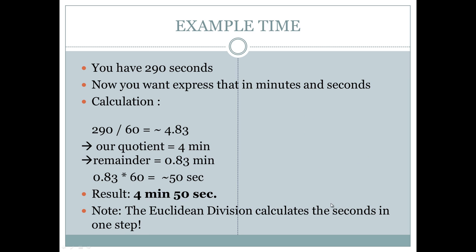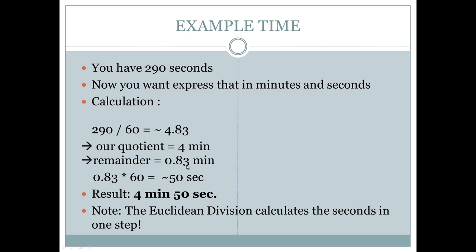Another example for our particular use is if you have 290 seconds and you want to express these 290 seconds in minutes and seconds. So you would calculate 290 divided by 60, which is about 4.83. So our quotient would be 4 minutes and our remainder is 0.83 minutes.